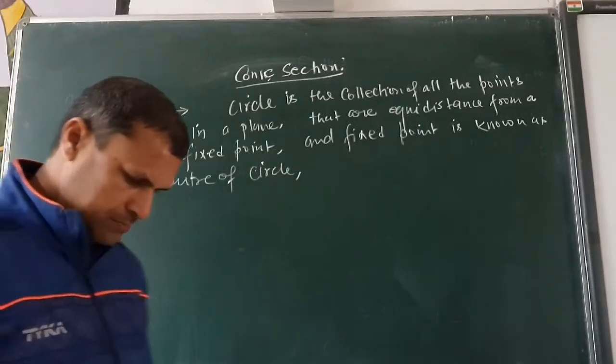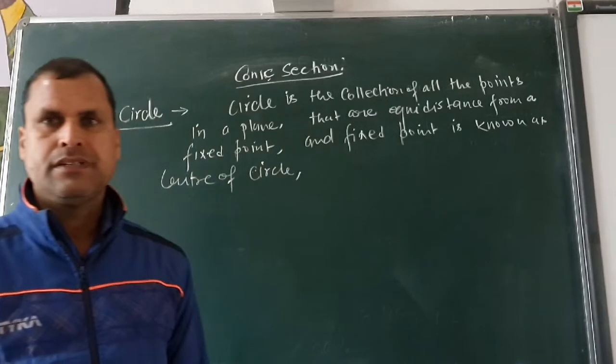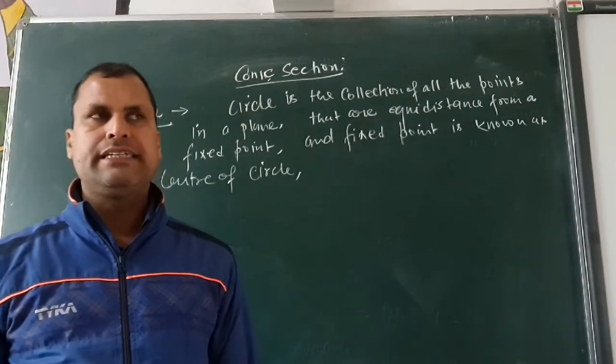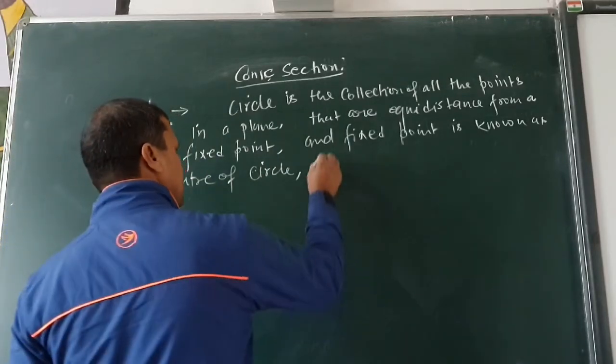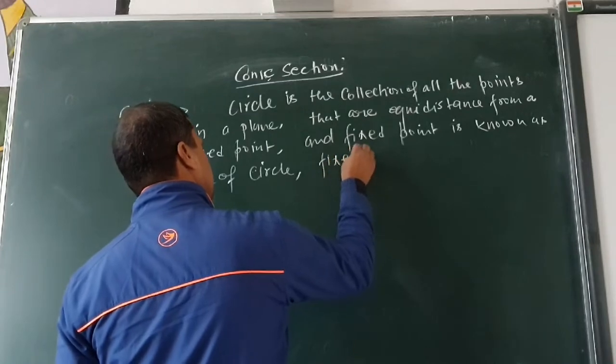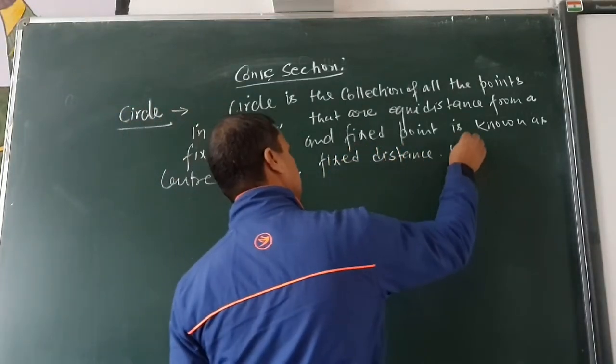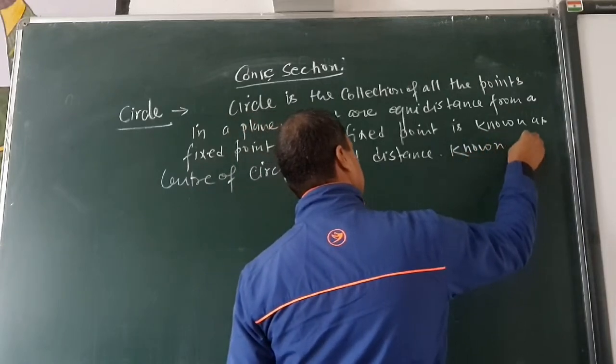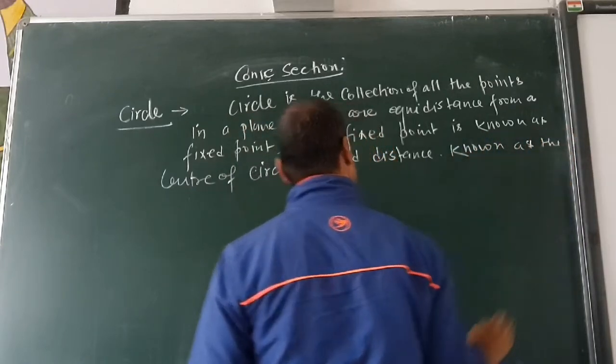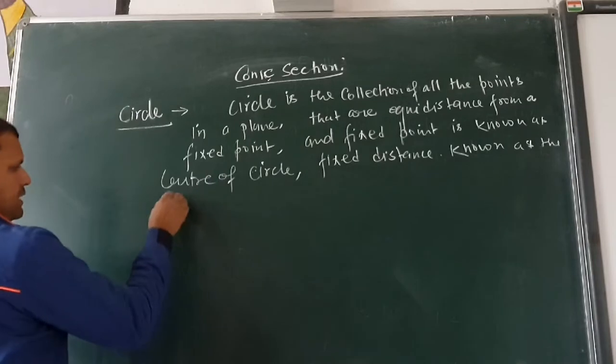And the fixed distance is known as the radius of the circle.